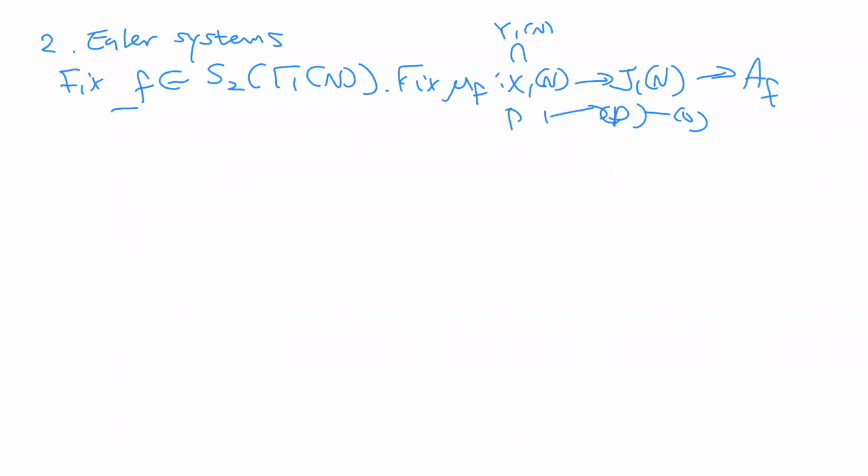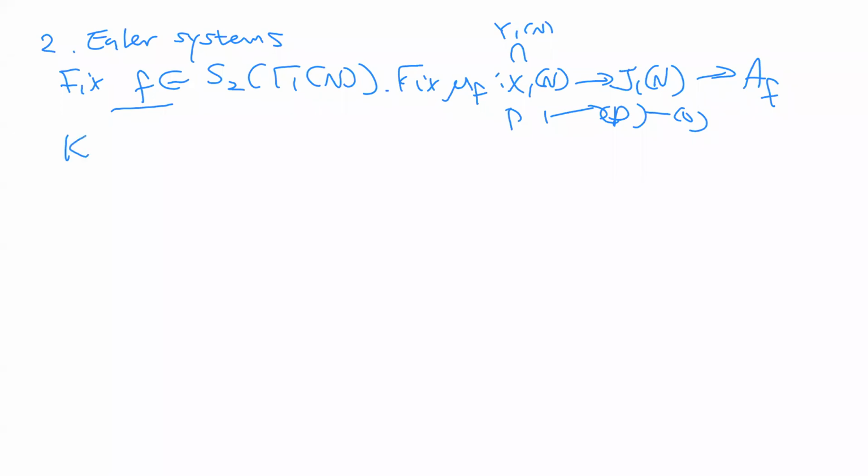For a given newform, you can find the quotient of this Jacobian, which is an abelian variety associated to F. If you will, you can call it the modular abelian variety. Okay, so let's remember this map.